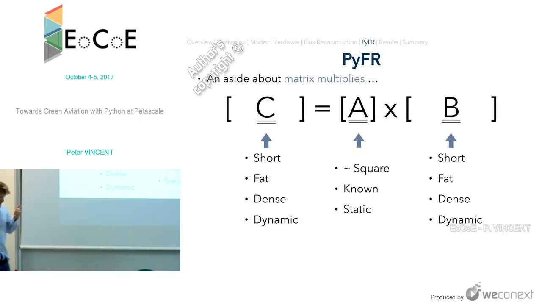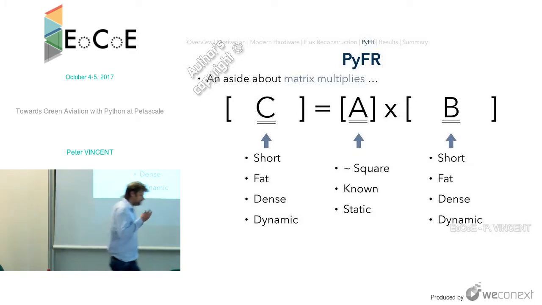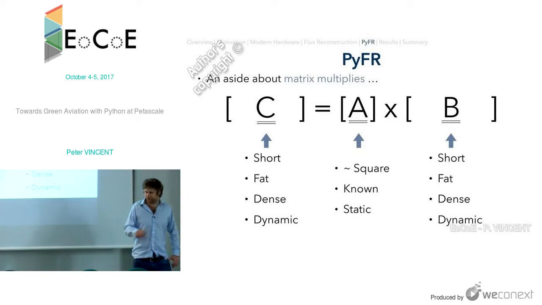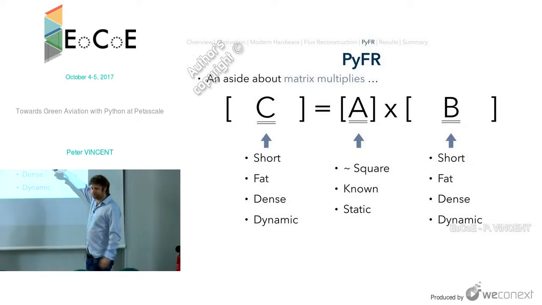The key is this A matrix is, as I said, relatively small and square, but it's known a priori, and its entries never change. And it can actually have quite a lot of structure to it, including in some cases quite a lot of sparsity, but not always. It depends on the nature of the flux reconstruction algorithm that you're using. The point is, the G in dgem stands for generic. So you don't need to apply a generic matrix multiply operation here.